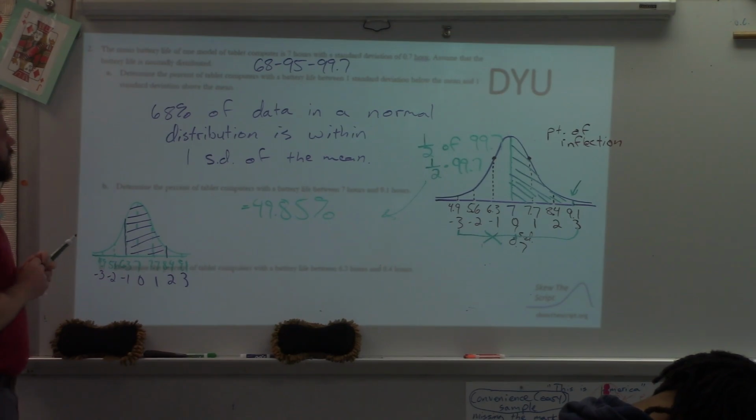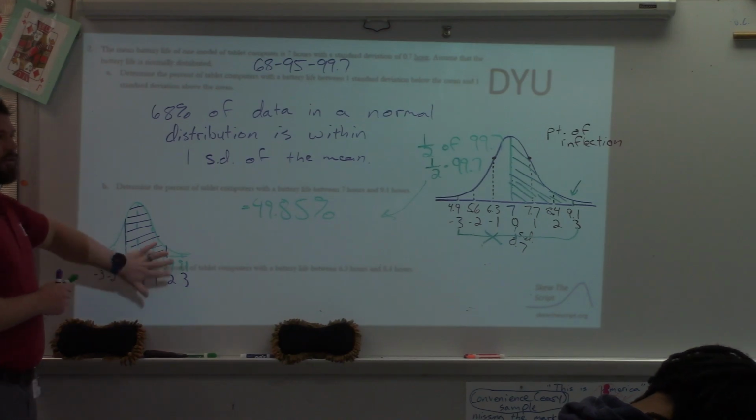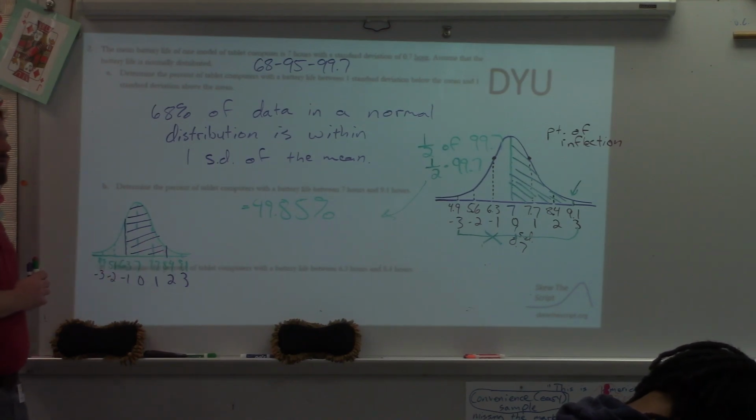Adriano, which part of the empirical rule, the 68, 95, and 99.7, am I going to use here? I'm going from 6.3 up to 8.4. You want to say 68? What's telling you the 68?